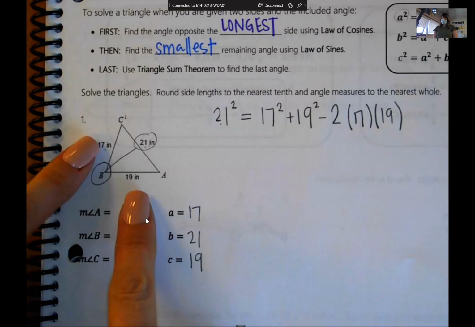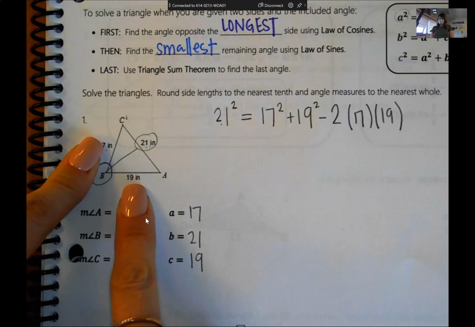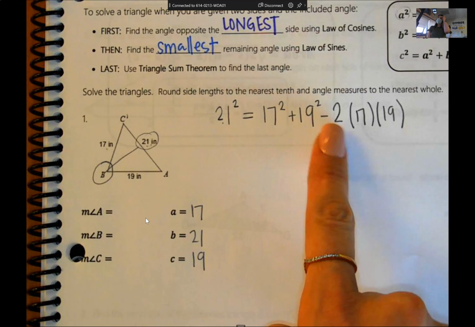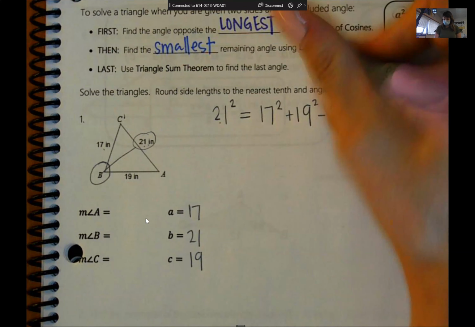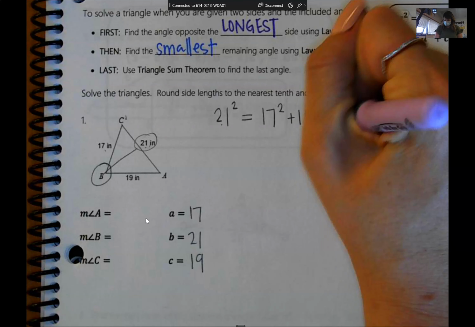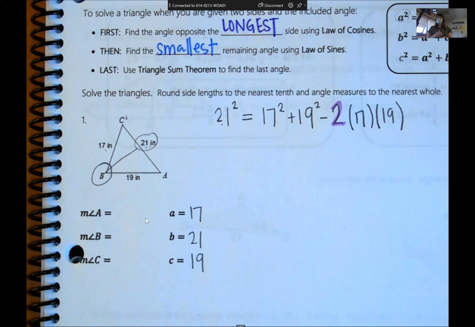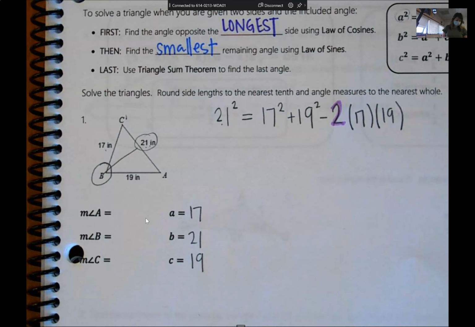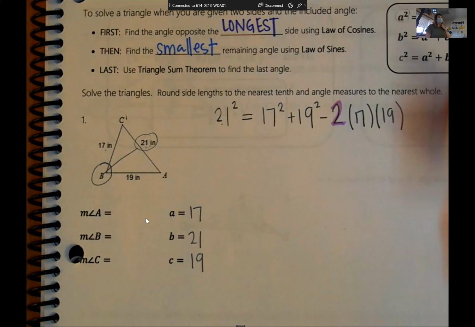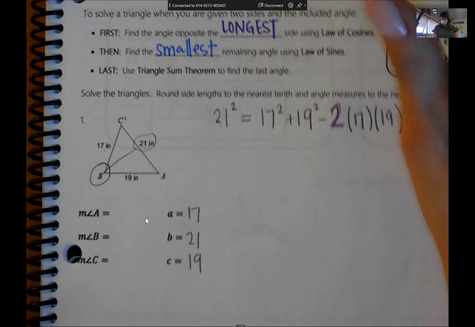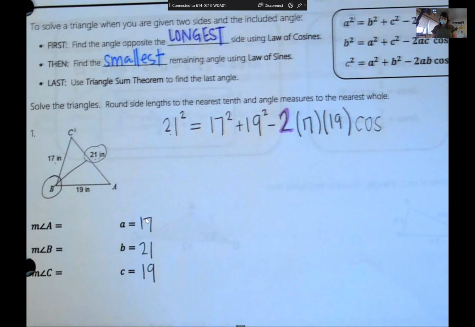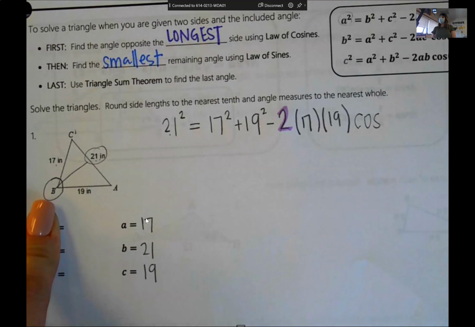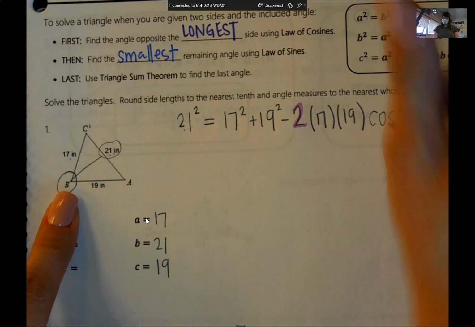So we take the other 2 sides that we know, square them, and then minus 2 times those same sides. And the 2 is the same every time. That 2 comes from the formula. So now we write cosine. And then if we forgot, we're finding angle B. We circled it over here.